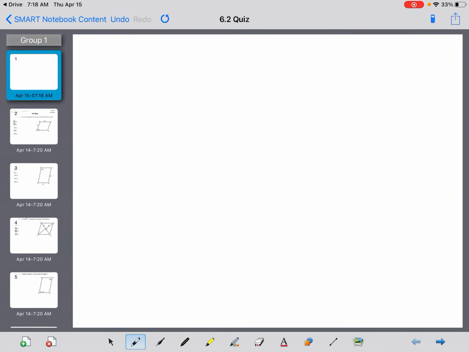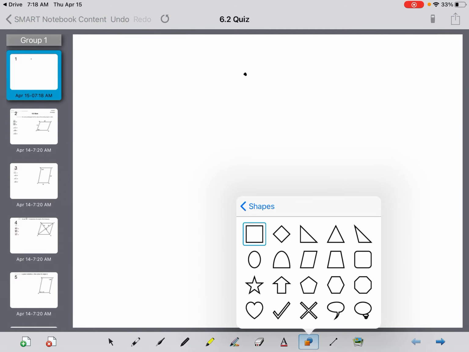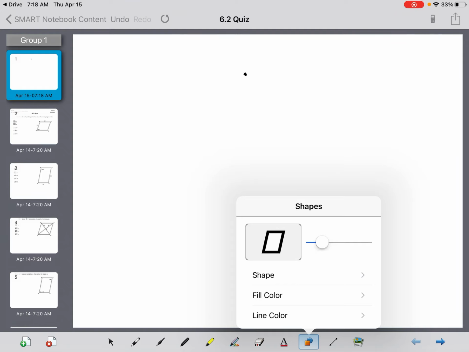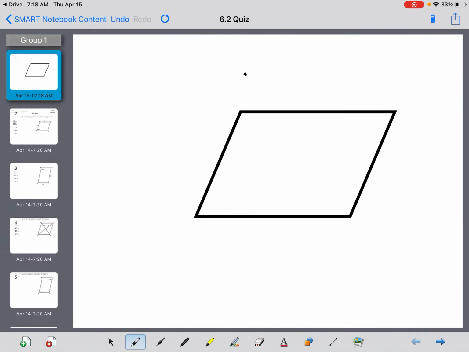The first thing is that when we have a parallelogram, which instead of drawing it, I'm going to sketch one. When you have a parallelogram, opposite sides are congruent. And what does that mean?